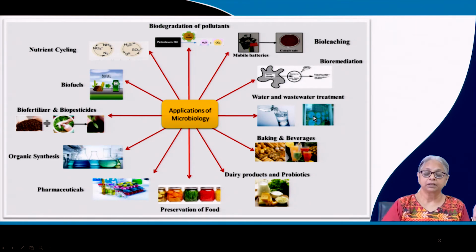When we talk about water and wastewater treatment, in water treatment, you can eliminate every other treatment process, but the one process that you cannot eliminate is disinfection. And disinfection has just one objective, and that objective is to eliminate pathogenic microorganisms which may be responsible for causing various diseases.